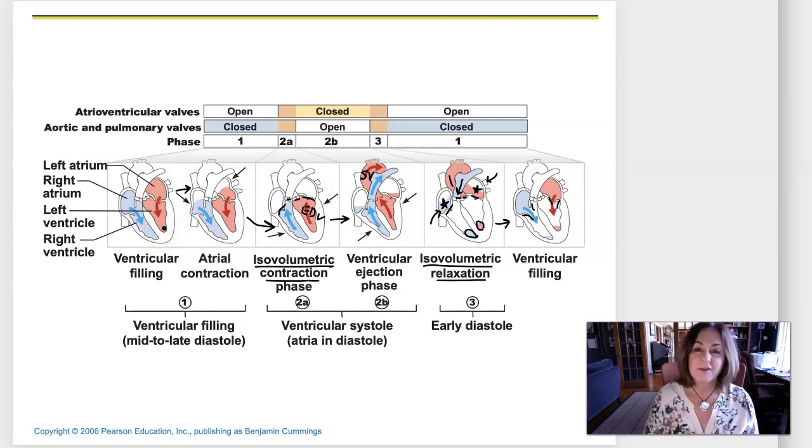So I'm going to go through that story one more time, and I'm going to use the terms systole and diastole. So the whole heart is in diastole, the semilunar valves are closed, the AV valves are open. Blood is entering into the right and the left atria, and that blood is passively moving into the ventricles because the AV valves are open. So 70% of the blood just moves passively right into the ventricles.